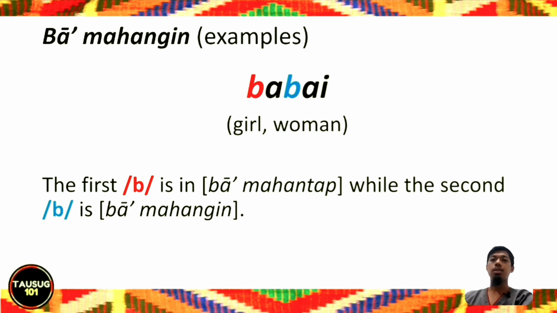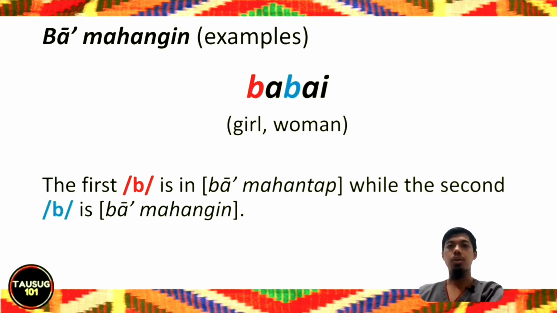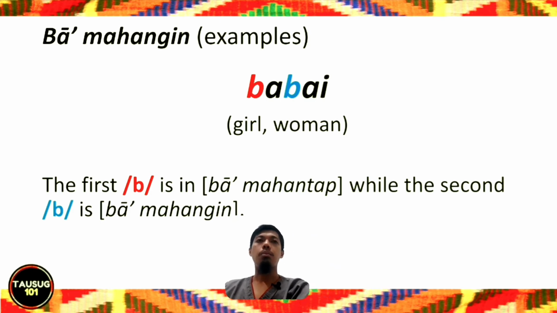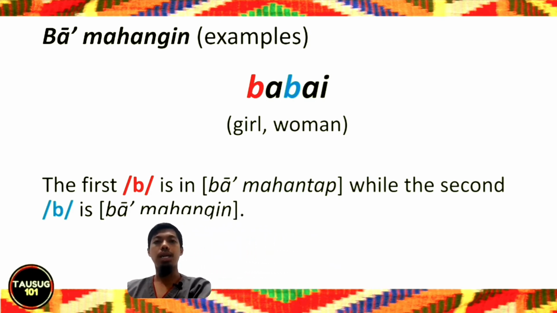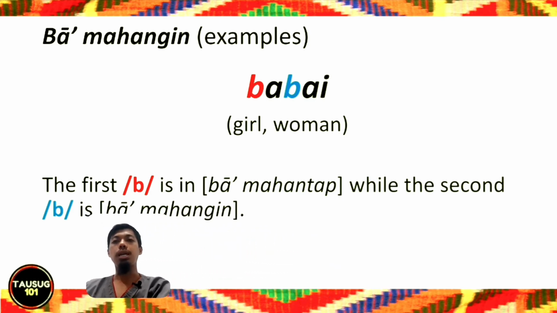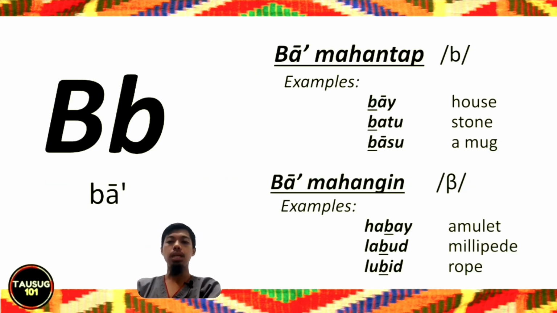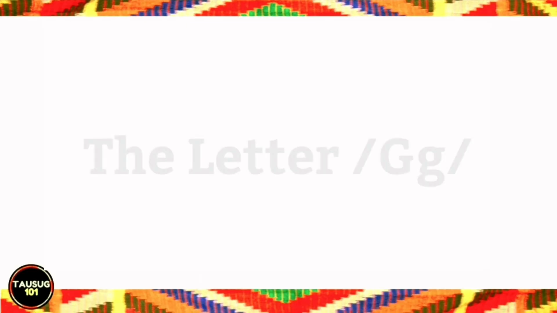Why? Because it is now in between two vowel sounds. It's the same letter but of different pronunciations, different sounds. So there we have it, Bā Mahantap and Bā Mahangin.